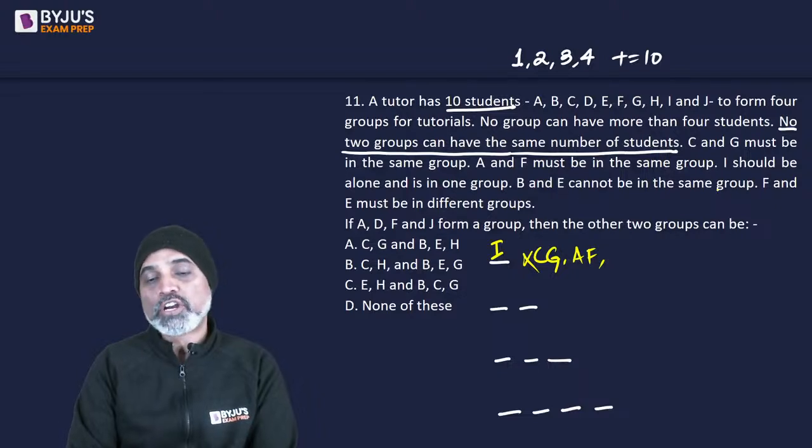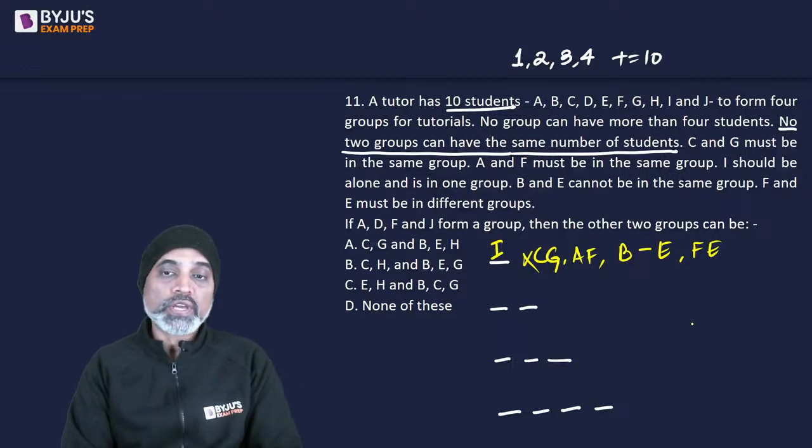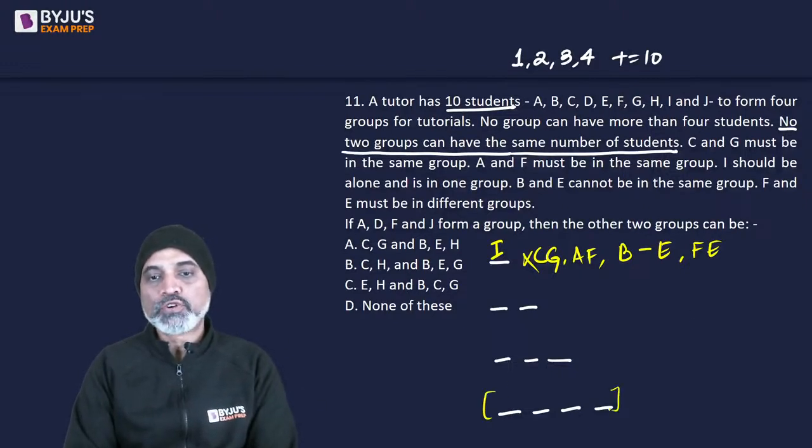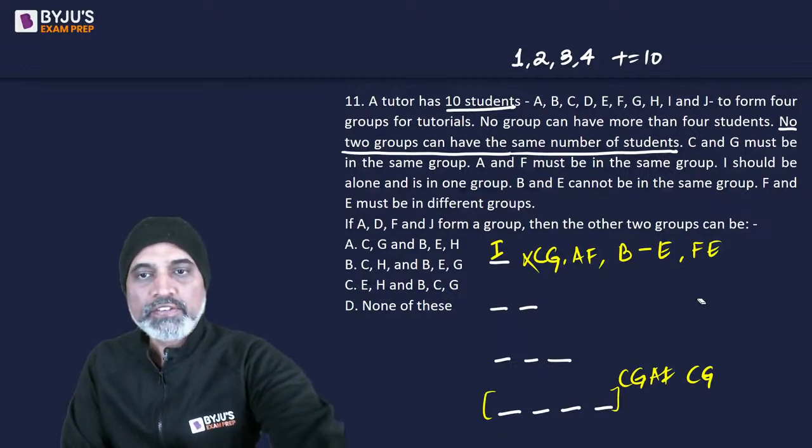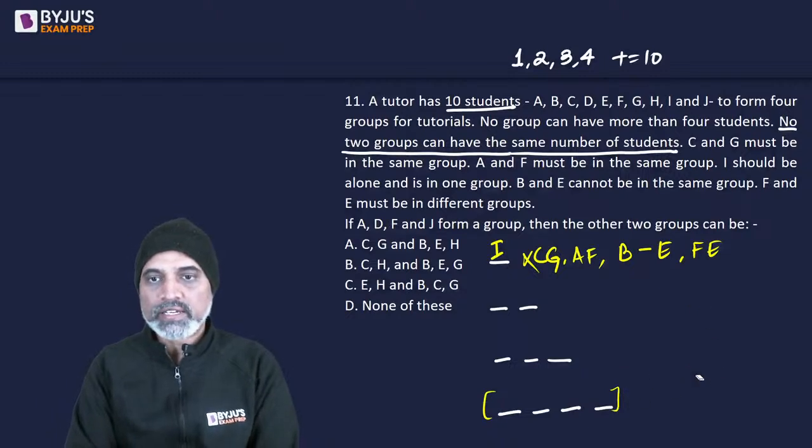B and E cannot be in the same group. So B is in a different group than E. F and E must be in the same group. So F and E are also in the same group. So looking at this, can we say when we have 4 people, the last group, it's going to be C, G, A, F, okay, F is repeated, right? Okay.